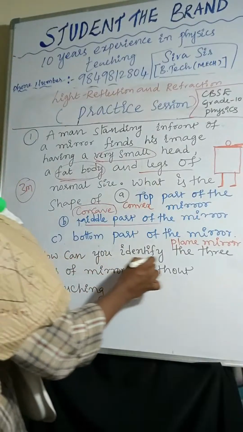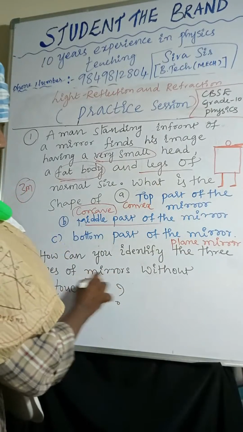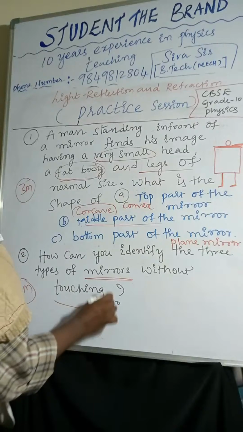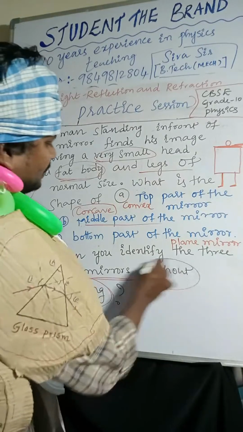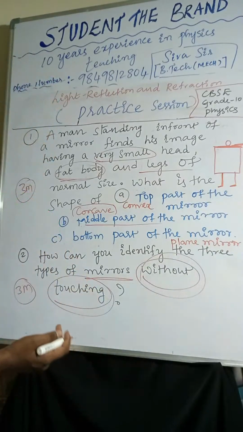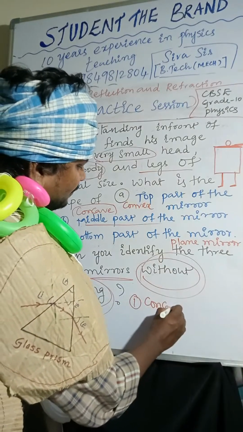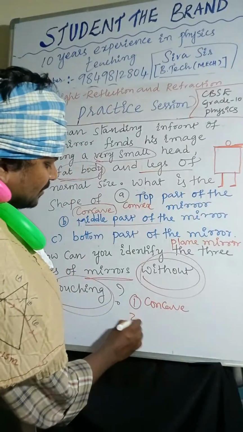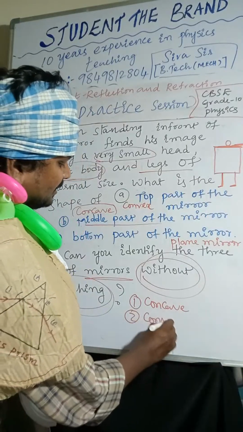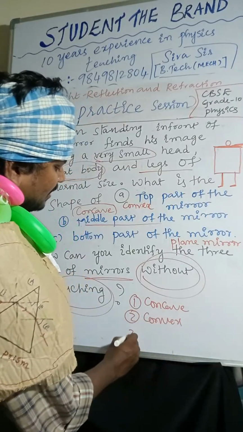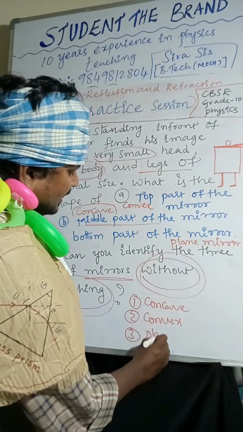See, how can you identify the three types of mirrors without touching them? Without touching means, first, the concave mirror forms a virtual, erect and enlarged image. The convex mirror forms a virtual, erect and diminished image. The plane mirror forms a virtual, erect and same size image. That's enough.